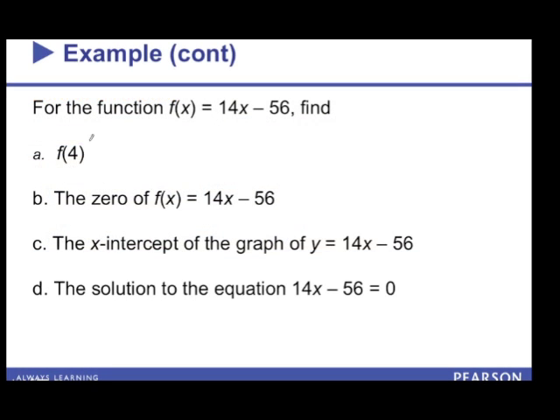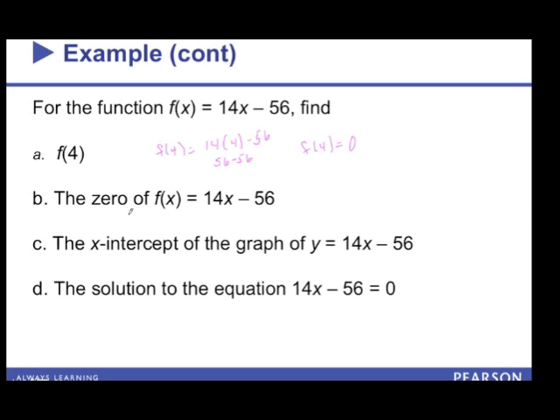Here, first we're finding f of 4. So f of 4 equals 14 times 4 minus 56. So 56 minus 56, or f of 4 equals 0.